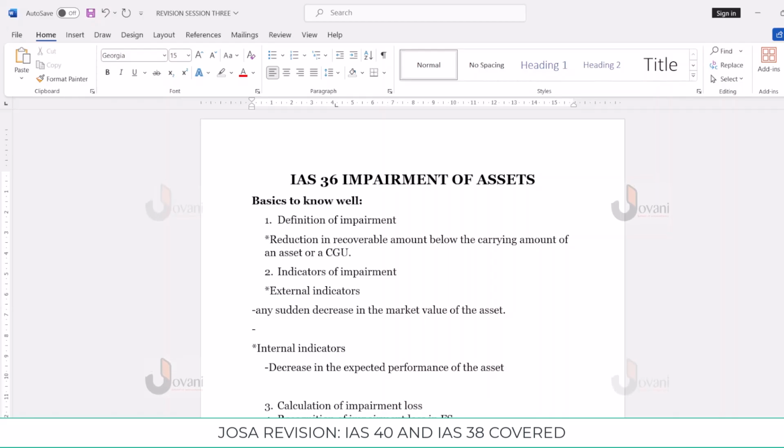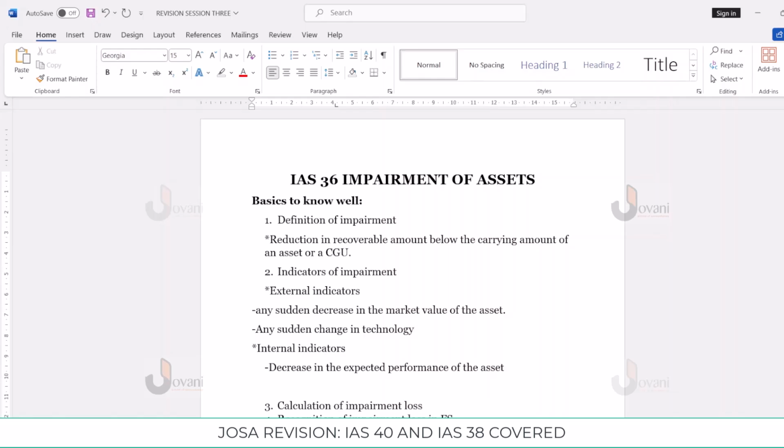We can say any sudden change in technology can be an indicator of impairment. But remember, those who did economics, you know there are other factors that can change with change in technology.